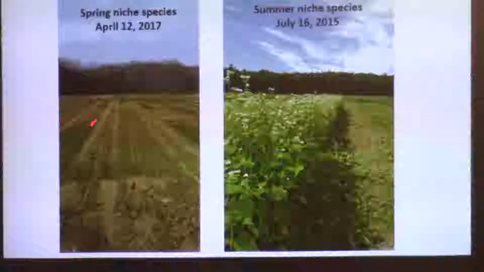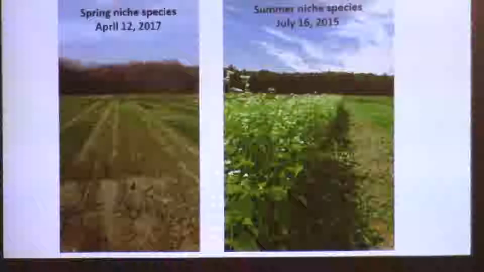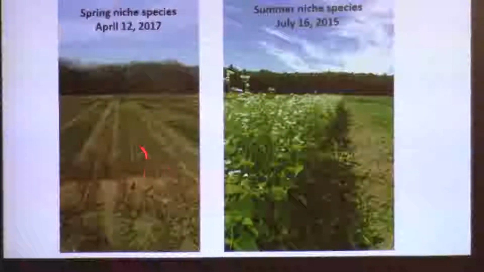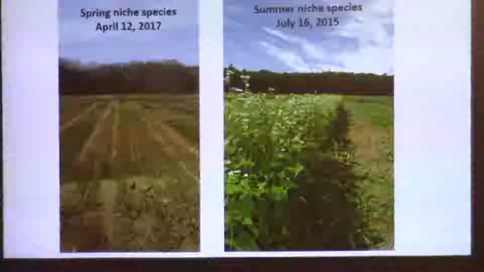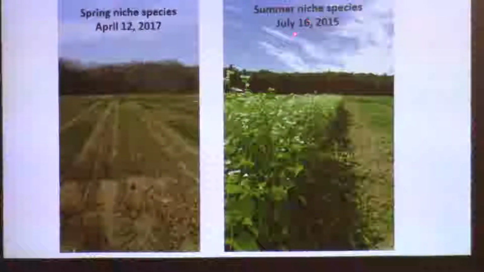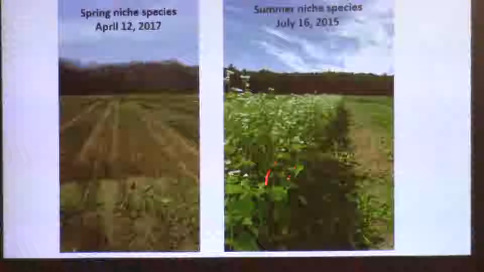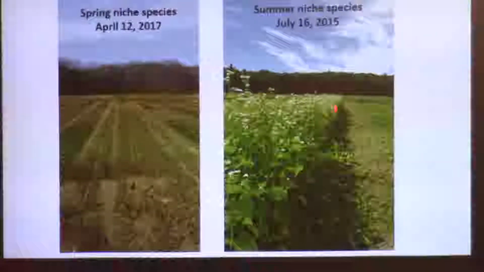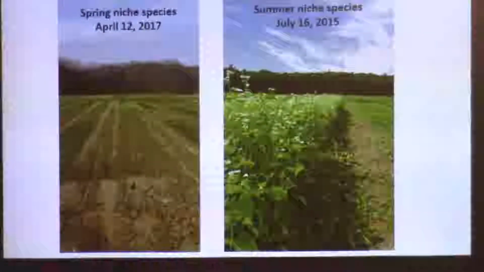Right, you can see that a lot of them are really starting to green up. Maybe some of them haven't made it through the winter. Here's a picture of the summer niche species in the height of their growth. This is the buckwheat monoculture here.